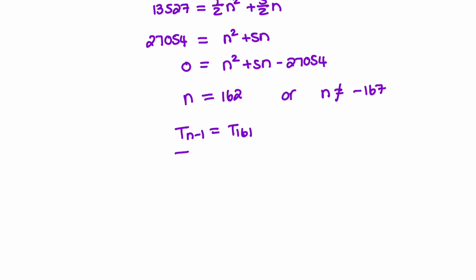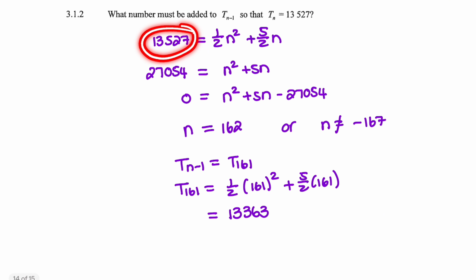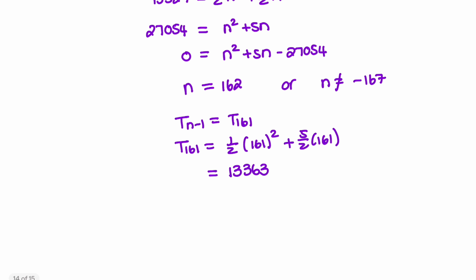What I can do now is substitute n with 161 in my original formula. So that gives me 13,363. And the question said, what must be added to term 161 to get to 13,527? So I simply take the difference between the two terms.